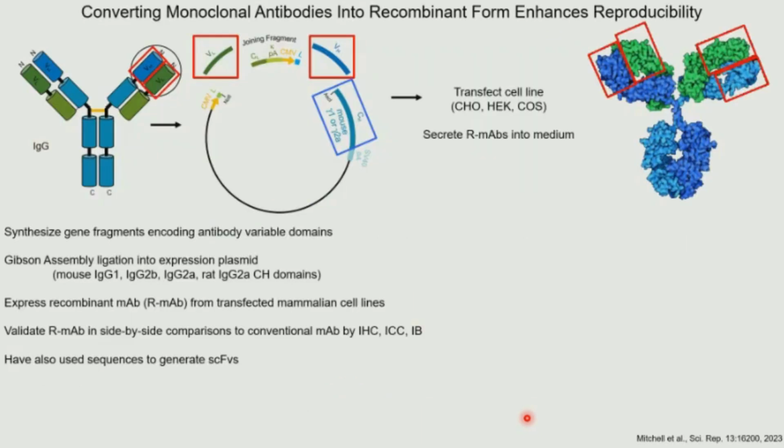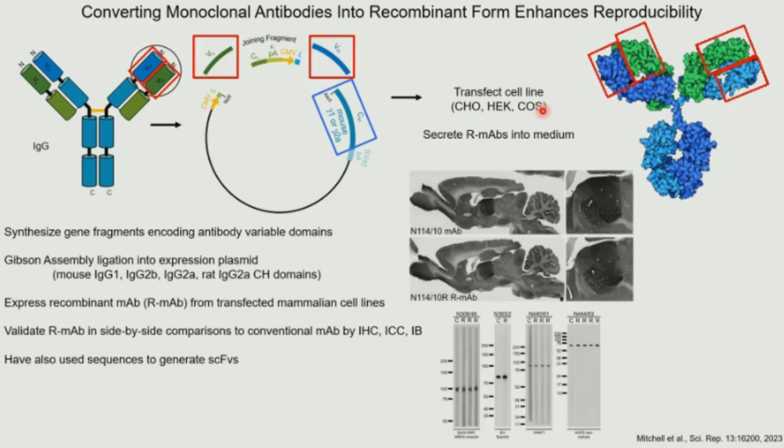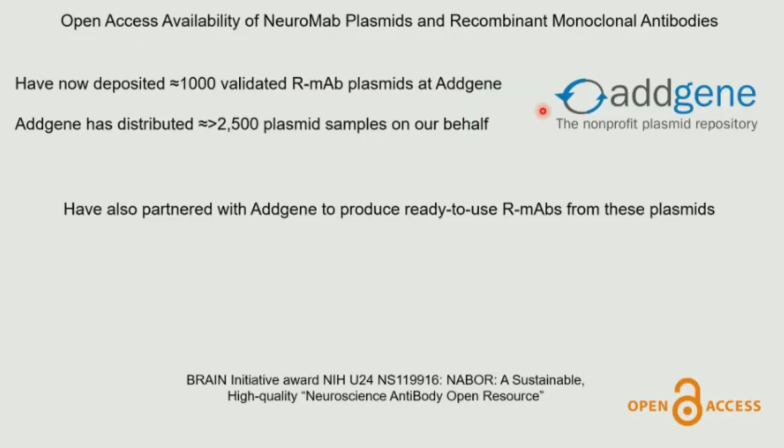And we've also done our own work converting these into recombinant forms just by using the sequences to design gBlocks, cloning them into expression vectors, expressing them, and then revalidating them basically in side-by-side comparisons with the progenitor antibody to make sure we've recapitulated the properties of the conventional antibody that was produced by the monoclonal.